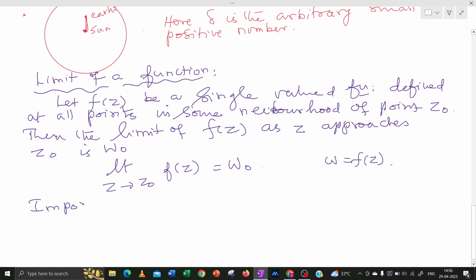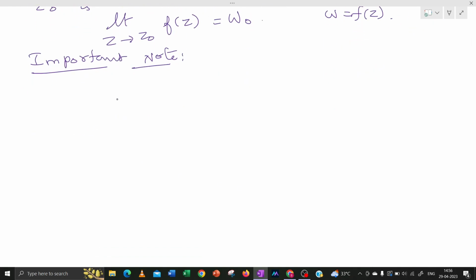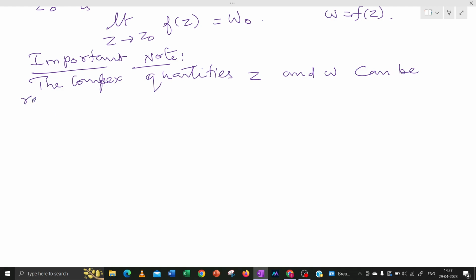Important note we can write. The complex quantities z and w can be represented on separate complex planes.